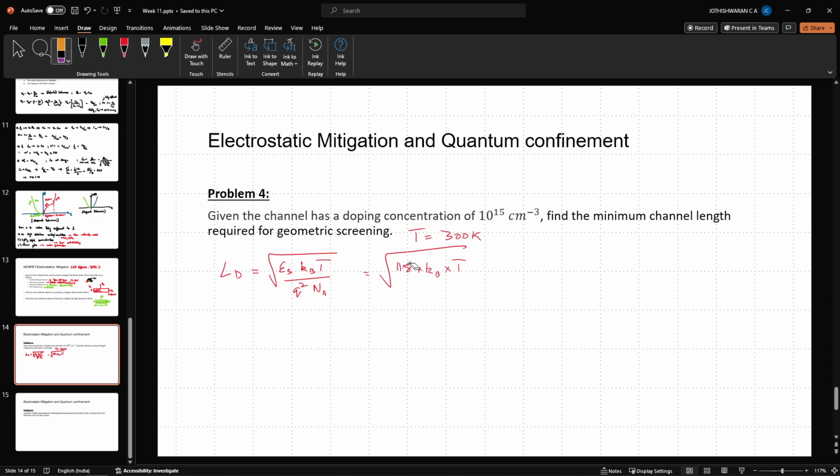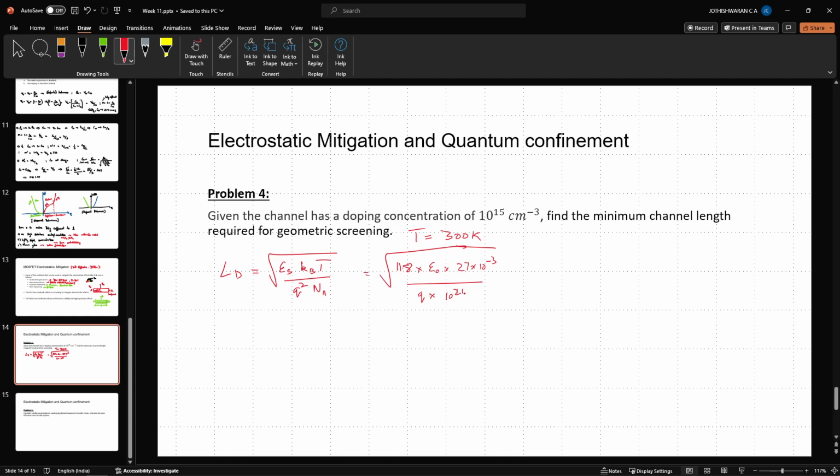I can use my previous approximation, so kBT by q gives 27 into 10 to the power minus 3, divided by q into 10 to the power 21. Remember, everything here is in SI units, so I am writing it in per meter cube.